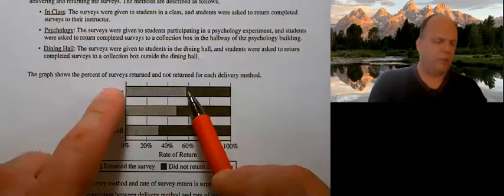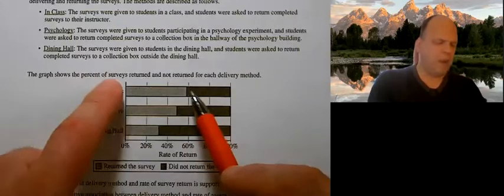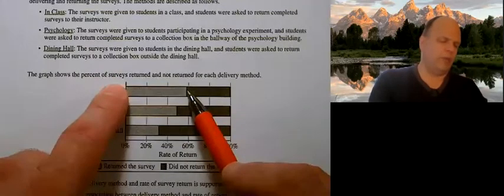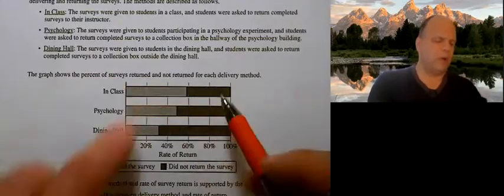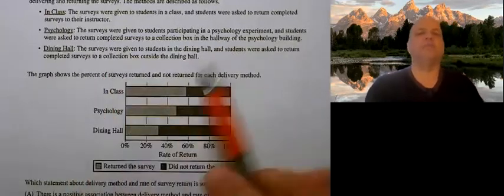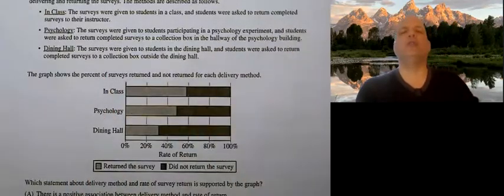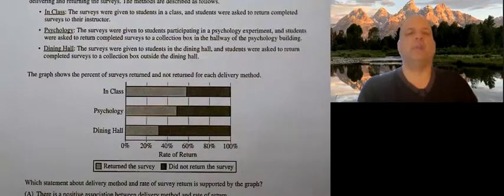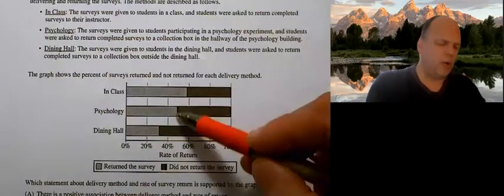And we ended up with about, well, over 50% returned it. Okay, psychology. Their surveys were given to students participating in a psychology experiment. The students were asked to return completed surveys to a collection box in the hallway of the psychology building. And we look at this and go, you know what?